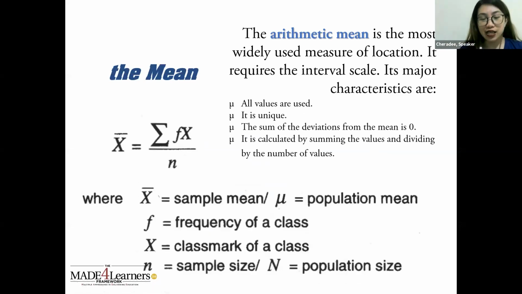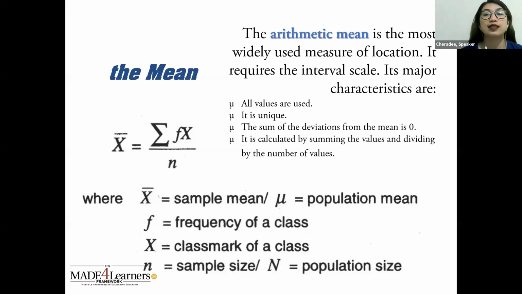So we have the arithmetic mean. To compute the average, you just sum all the values and divide by how many there are. For example, you have 20 respondents and these are their scores, so total scores divided by 20. That's very easy. All values are used. It is unique. The very important characteristic of a mean is that it has a unique value, so it does not go to a range, like 17.6 is the average.